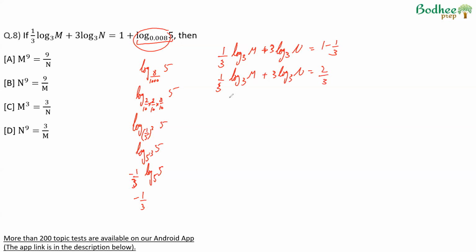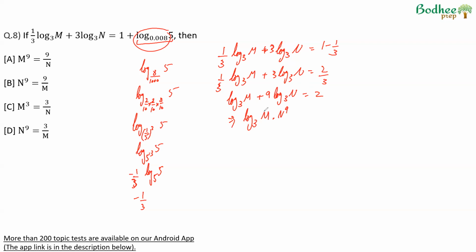Multiplying by 3 throughout, log of m to the base 3 plus 9 log of n to the base 3 is equal to 2, which can be written as log of m into n to the power 9 to the base 3. 9 goes to the power, so this becomes log of n raised to power 9 to the base 3.